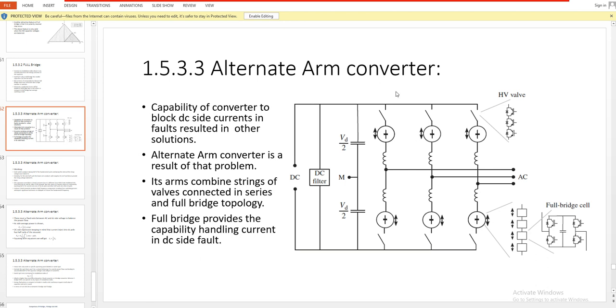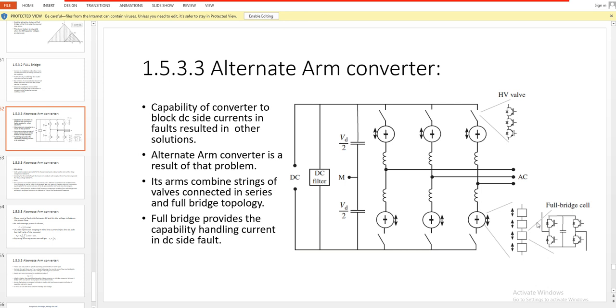So this alternate arm converter topology can be used as an inverter. Now you can see, using the full bridge submodule topology, we can basically control the DC side fault current.